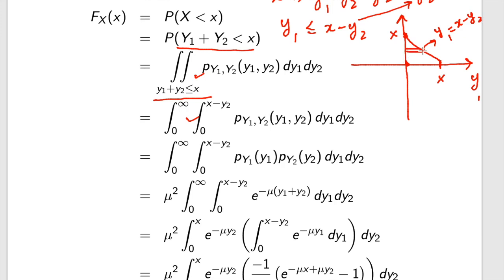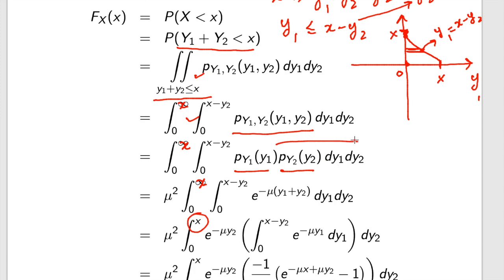So then this is my limit for Y1, and my Y2 limit is from 0 to, what is the maximum value? x here. So that's why you will see that what we did, so this was the first one, the change of limits, and then we separated the Y1 and Y2 PDFs because they are independent by definition, and then we plugged in the exponential distribution.